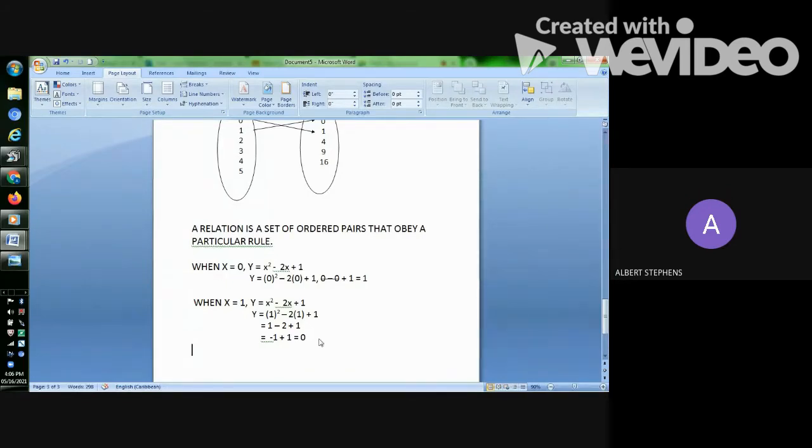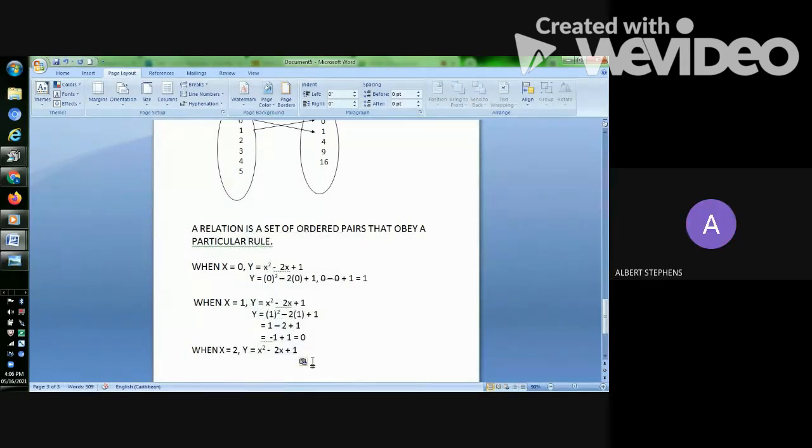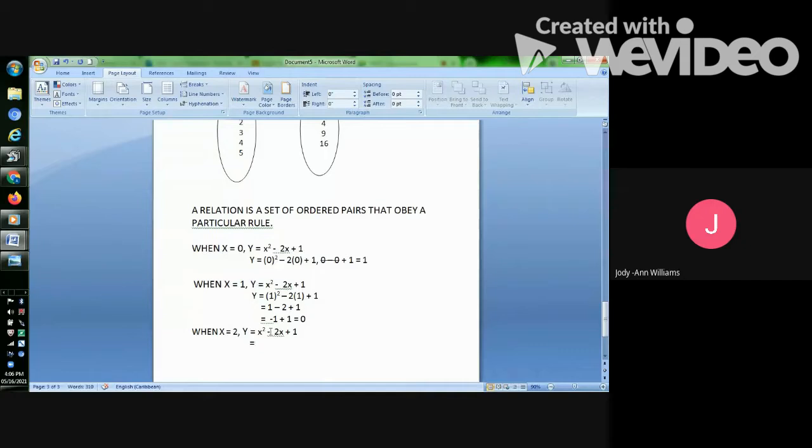Okay. So when x now is equal to 2. All right. Who wants to give us a shot? I'll try, sir. Cool. So it says when x is equal to 2 and y is equal to, I put back the problem and then I replace x with 2.